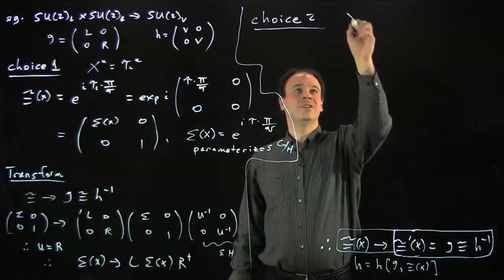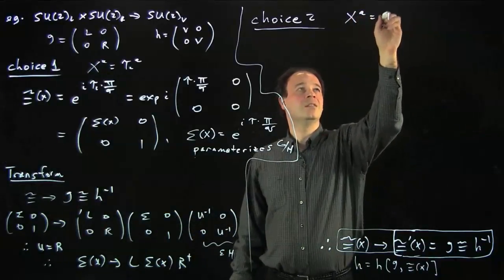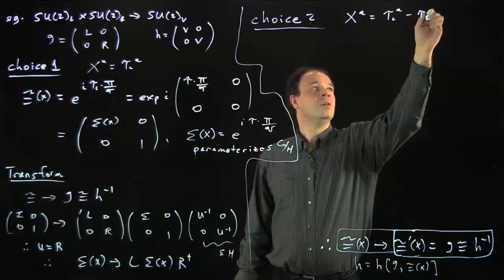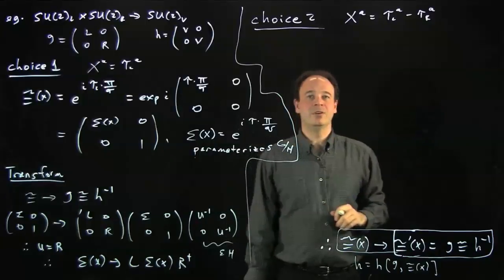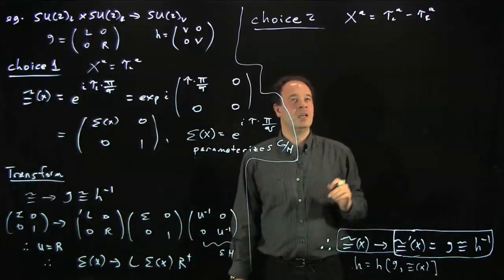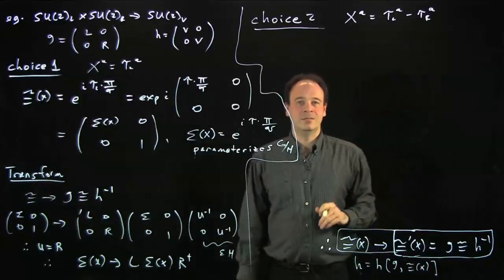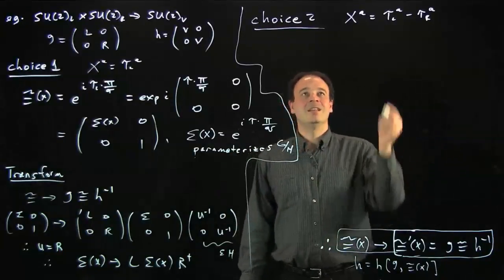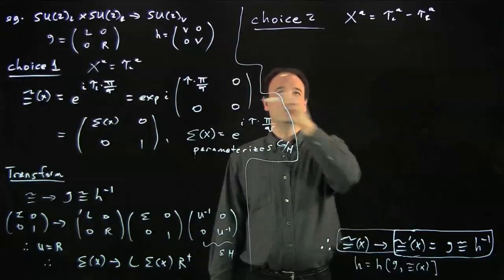So let's pick something that's a little more interesting. Let's take tau left minus tau right. Of course, tau left plus tau right would be the unbroken generators, so that we don't want to pick. But tau left minus tau right is a sort of democratic choice. It involves both the left and the right. And so let's work out how the formalism works out in this case.